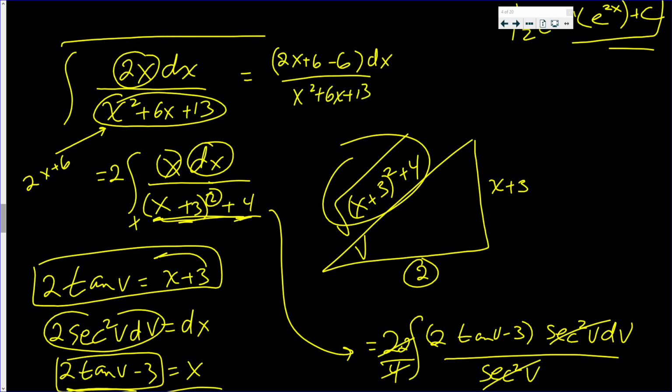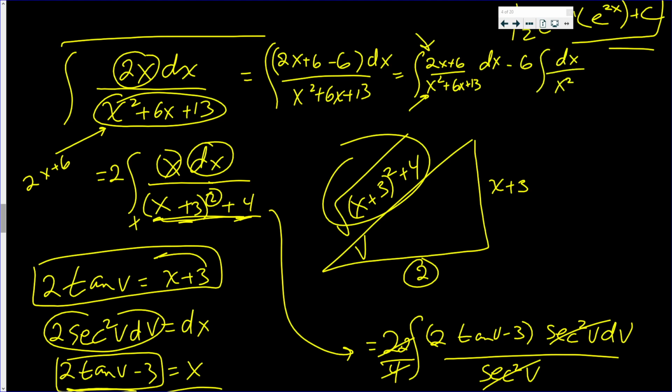This is equal to the integral of 2x plus 6 over the denominator, which is just ln of the denominator, because if I call that u, well then the whole top is du, minus, I'll pull out the 6, dx over x squared plus 6x plus 13, and then you would complete the square on that one.